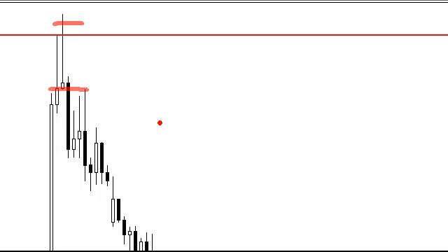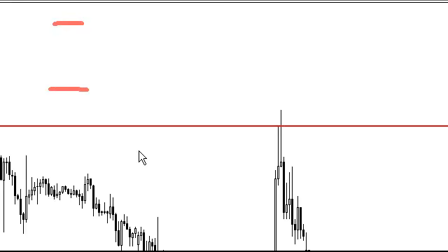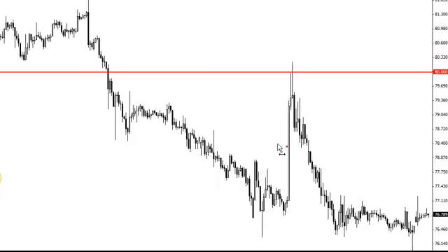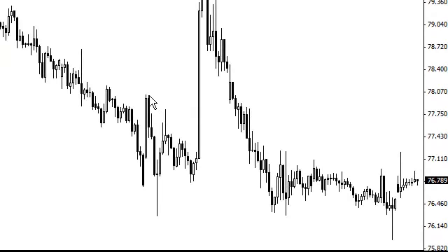Next was, how was I going to manage my trade to best maximize my chances of staying in it, but still maximize my risk-reward potential? If we zoom out the chart a little bit, we can see that we really do have a lot of space to move into. We've got a little bit of support down here, but a lot of space.